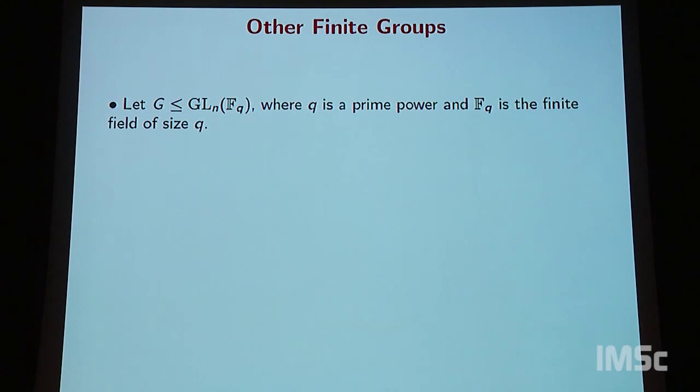So what happens when we are looking at other finite groups? So let's move away from permutation groups for the moment. So suppose G is a subgroup of the matrix group over the finite field FQ. The problem is that even membership testing is likely to be hard.